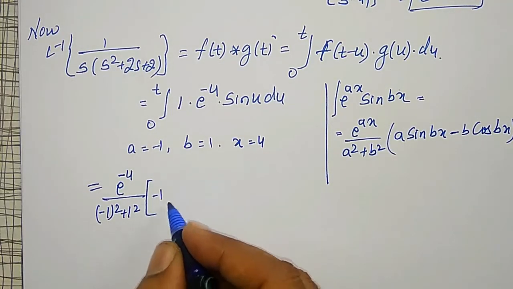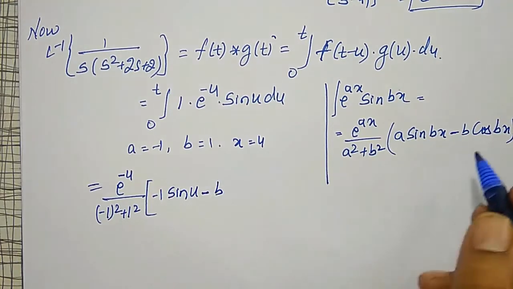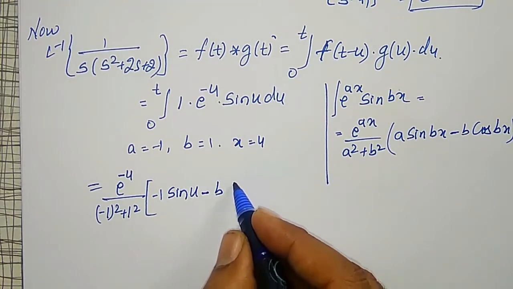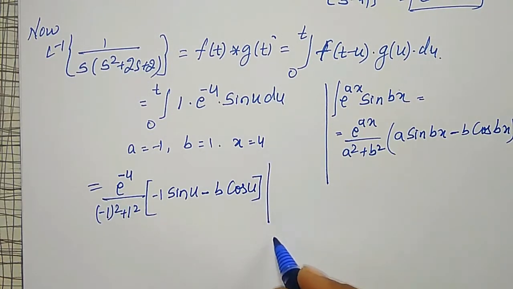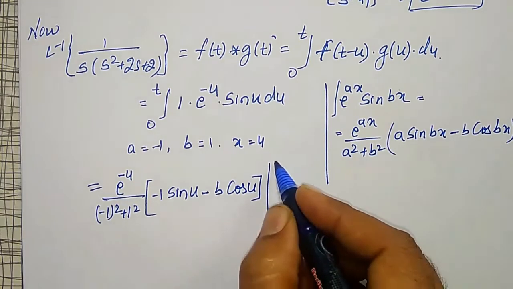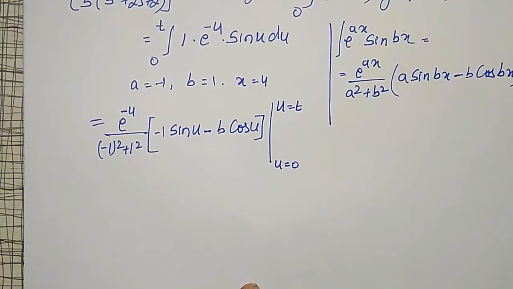A is minus 1 into sin u minus b into cos bx, cos of u. This is between the limits u equal to 0 to u equal to t. Let me substitute upper limit first, then lower limit.